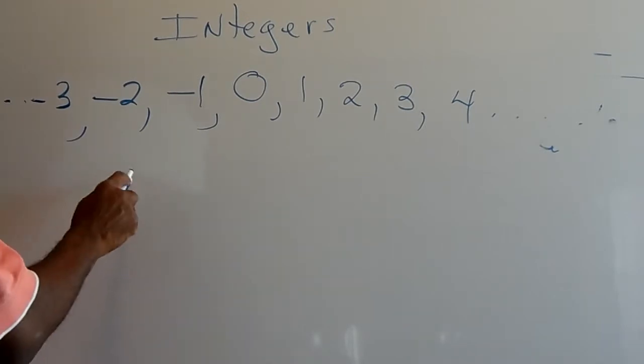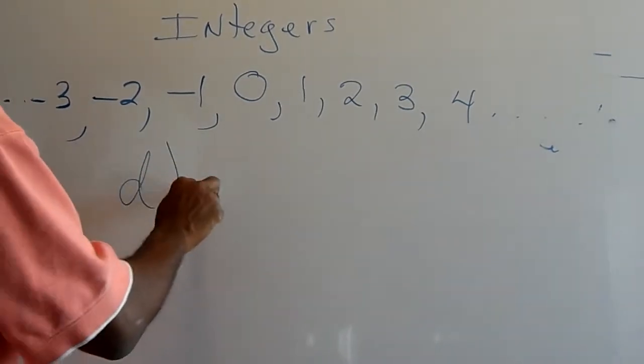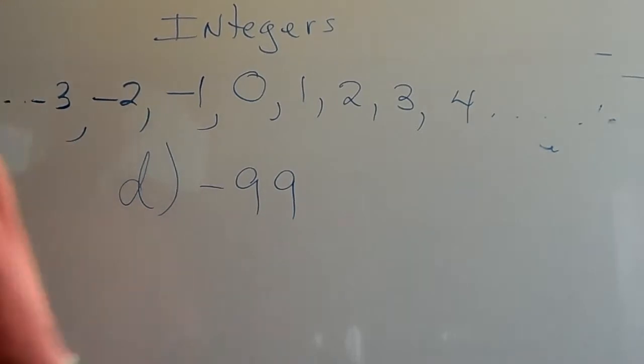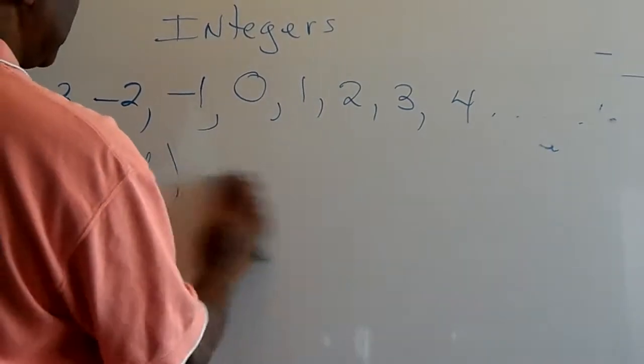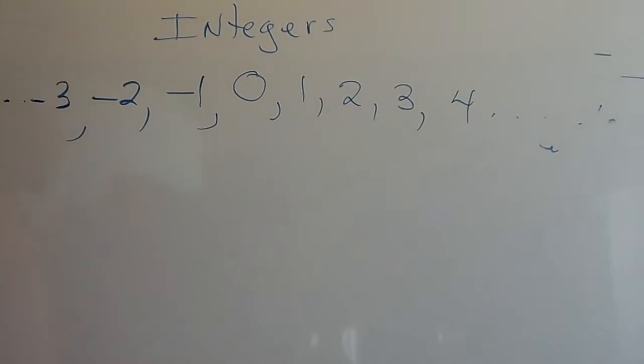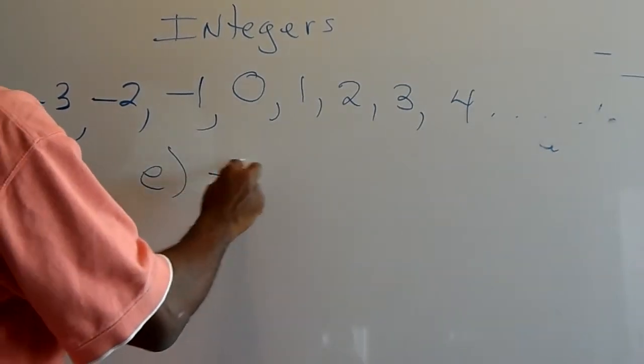The next one, D, is -99. Of course, -99 is an integer. It's the opposite of positive 99, which is a whole number. Certainly that is an integer. Yes for negative 99. And two more. How about E, negative 30?